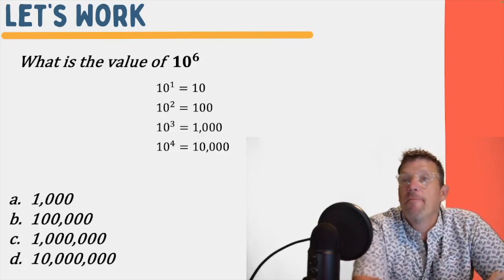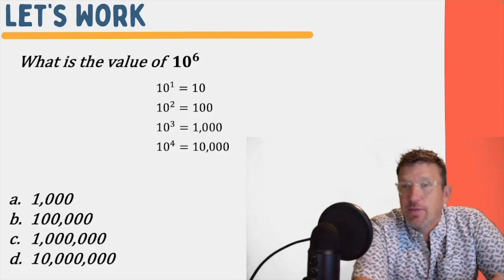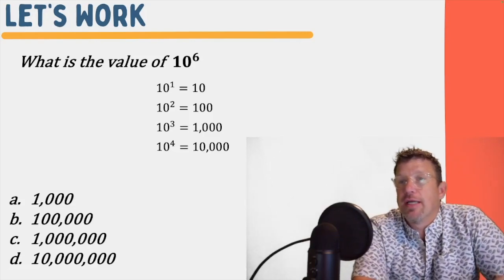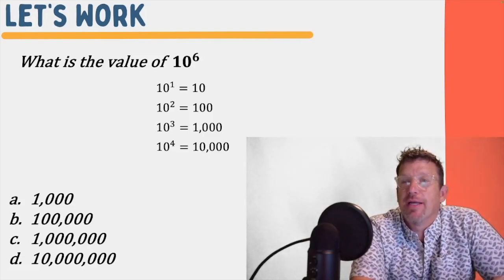All right, so now let's try to solve what they actually equal. That last one was 10 to the 7th, and here we're looking at 10 to the 6th. So let's talk about what this might equal.